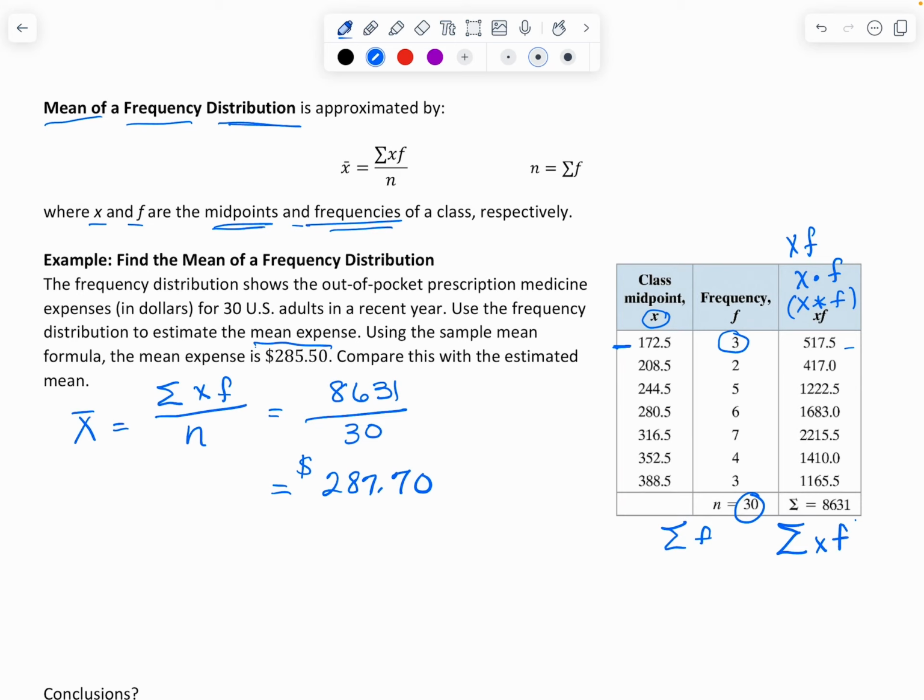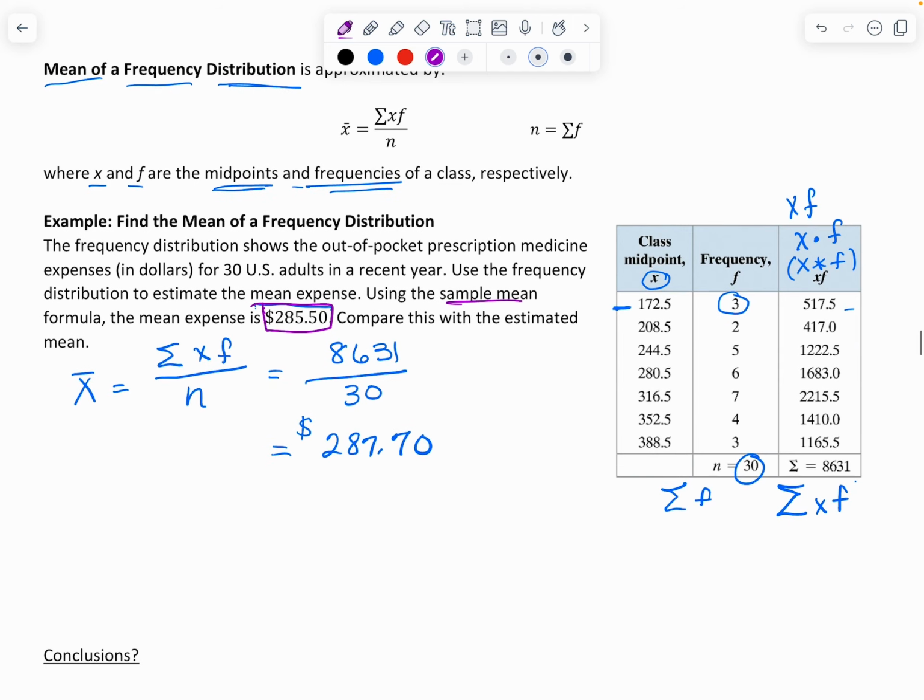Right. Then the second part of this question asks about the sample mean formula for the mean expense. So before we put it in a frequency table, before we did anything about it, we actually took the exact amounts. Remember that this midpoint represents a class. So there's a number above it and a number below it, but we use the midpoint.